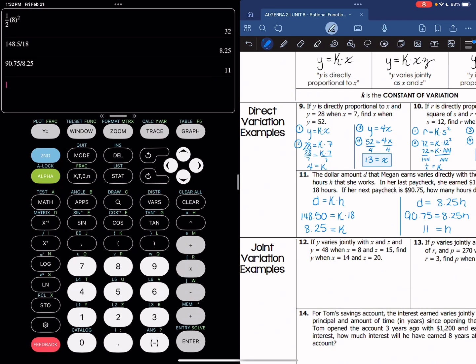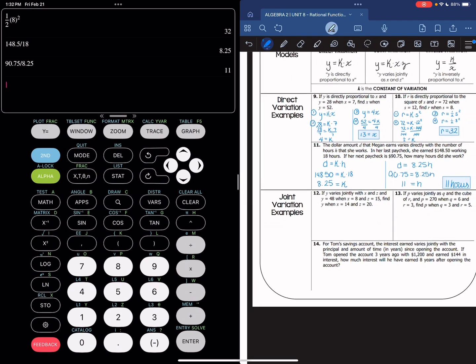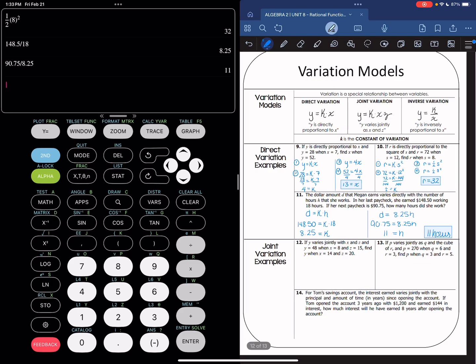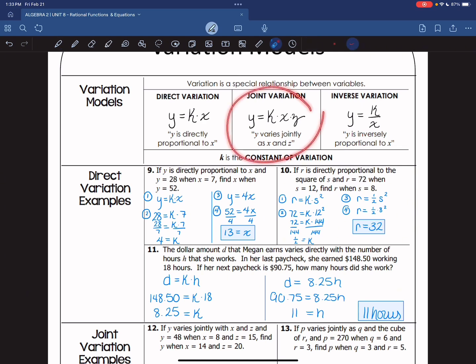Okay, now let's take a moment and look at some joint variation examples. In much the same way, we will use this format for our joint variation.